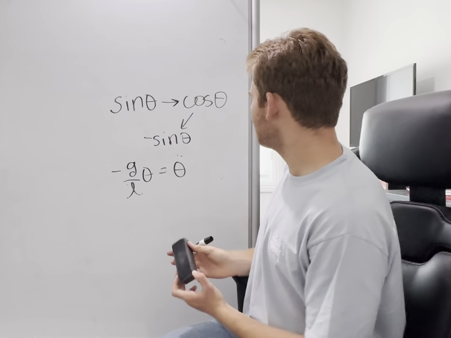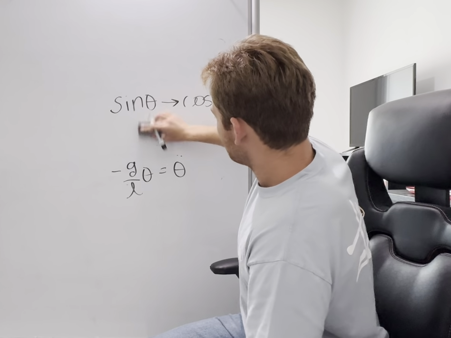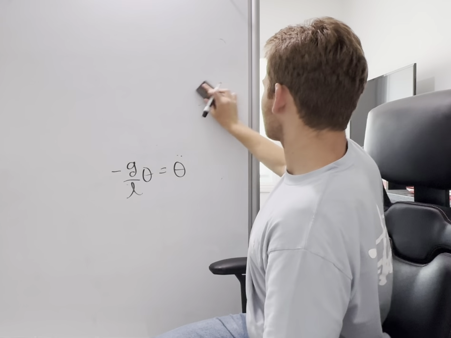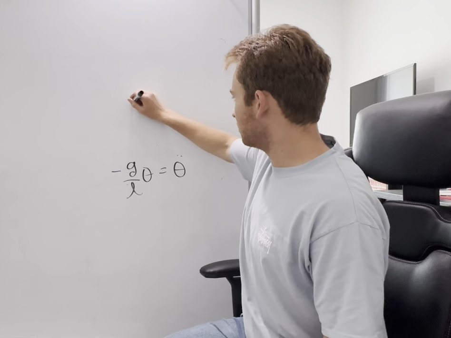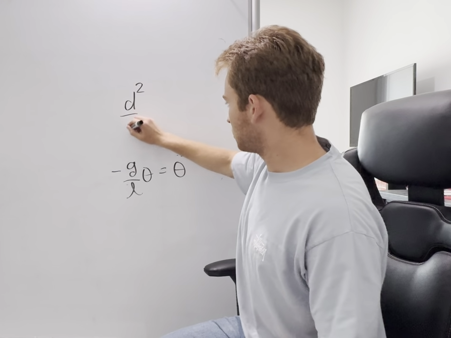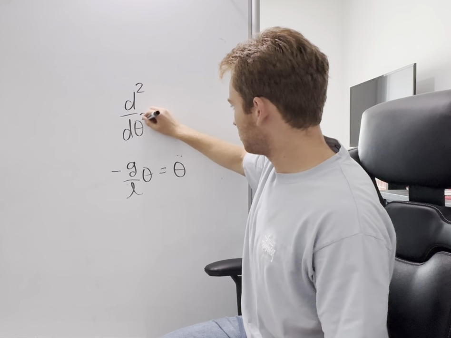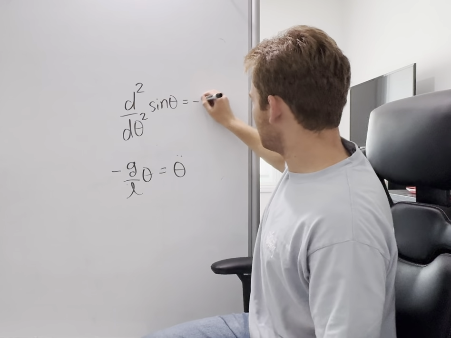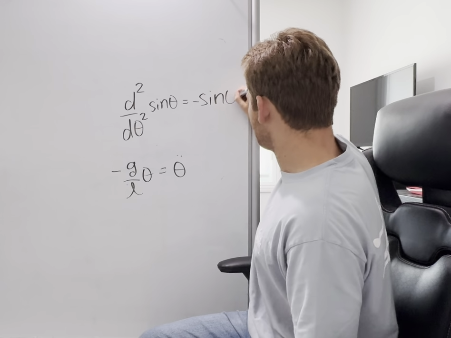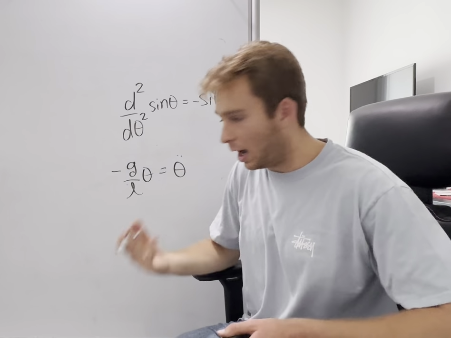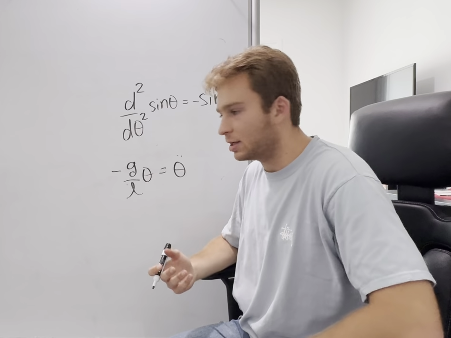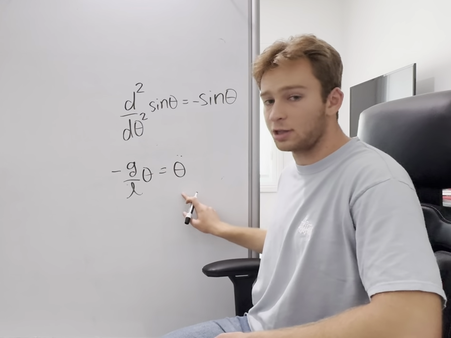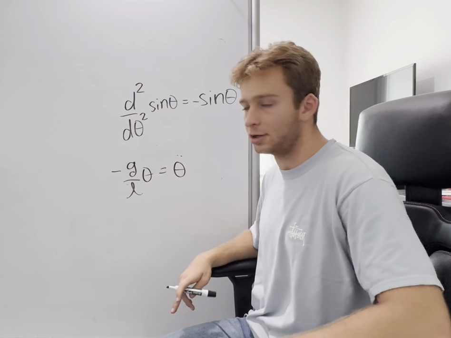And so we can rewrite this as the second derivative of sine theta with respect to theta is equal to negative sine theta. Now, another thing is, and so that's already really close here, but we have this g over L term here, right?